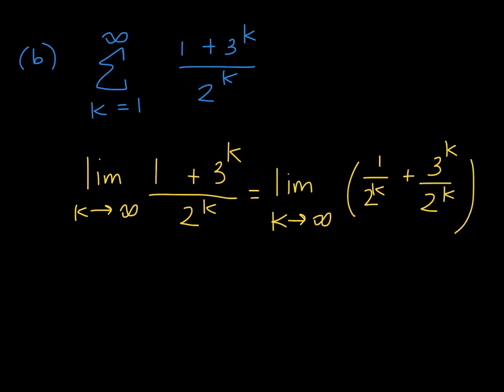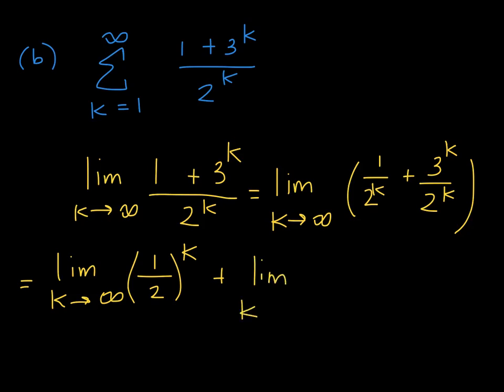And we can say this is equal to the limit as k goes to infinity of 1 over 2 to the power of k, I can write it that way, plus the limit as k goes to infinity of 3 over 2 to the power of k. Like that. All right, cool.